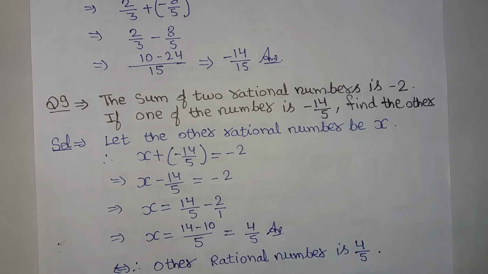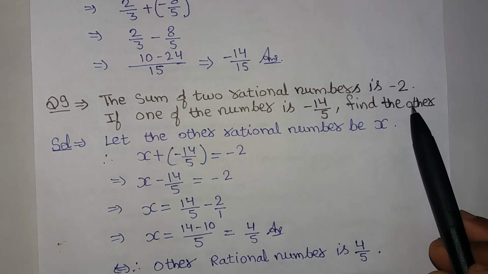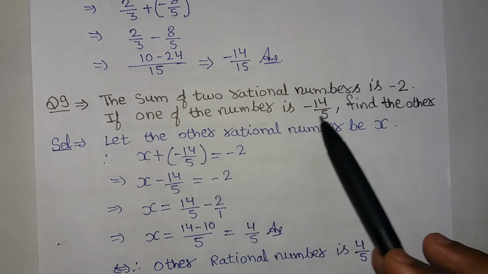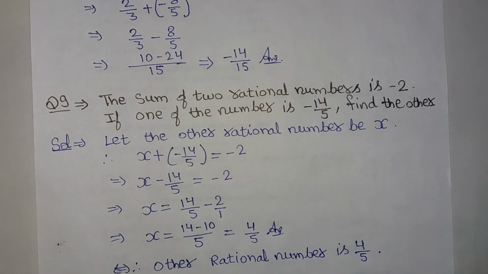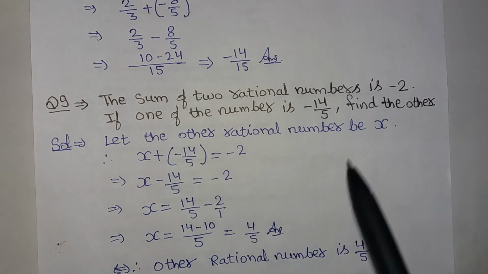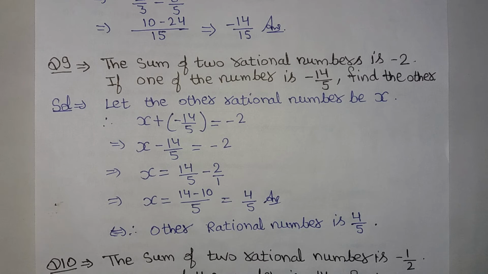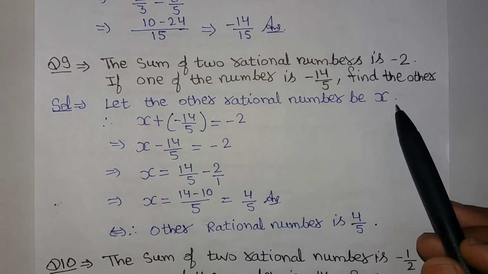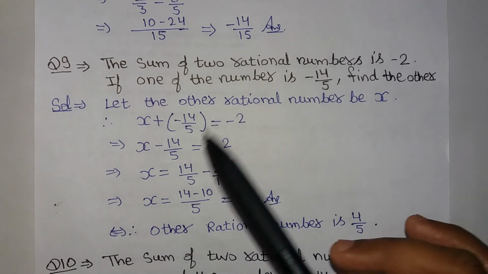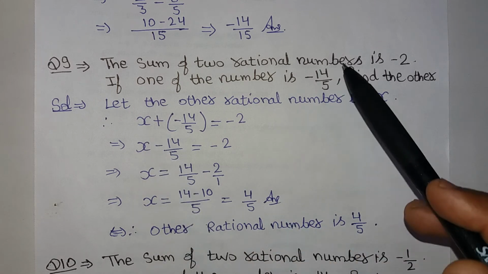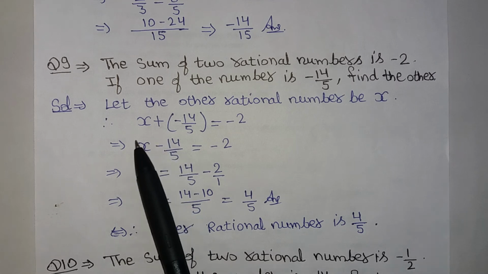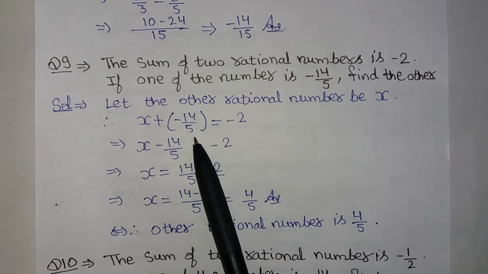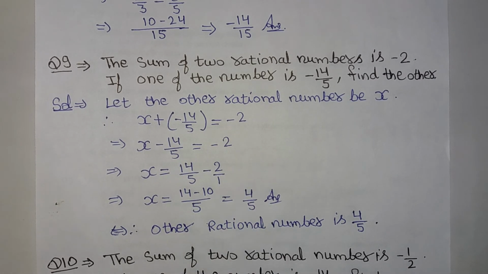After this, see question number 9. In question number 9, the sum of two rational numbers is minus 2. If one of the numbers is minus 14 upon 5, we have to find the other number. So here, let the other rational number be x. When we add x with minus 14 upon 5, it will become minus 2. So we can write x plus minus 14 upon 5 equals minus 2.